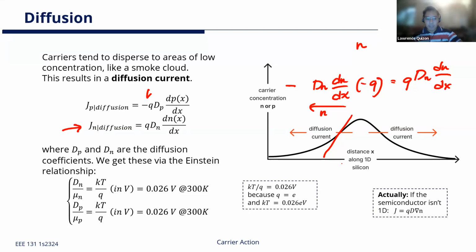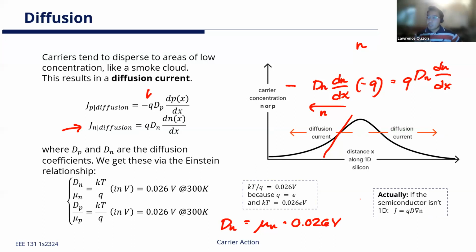But anyway, the exact relationship is that you could derive the diffusion coefficient by multiplying the mobility of that carrier. So the diffusion coefficient for that carrier, you can derive it from the mobility of that carrier multiplied by 0.026 volts.